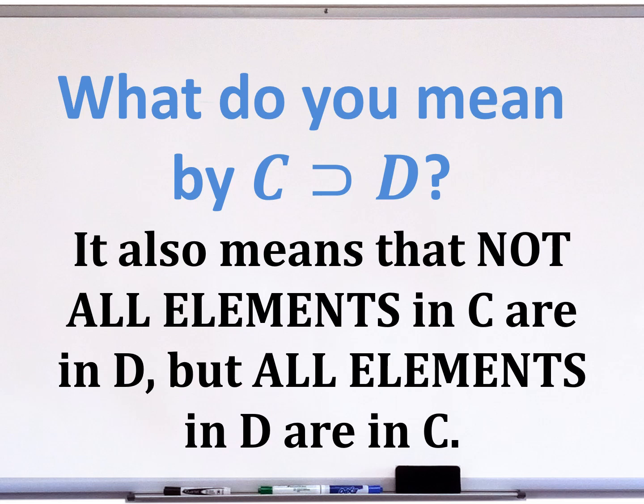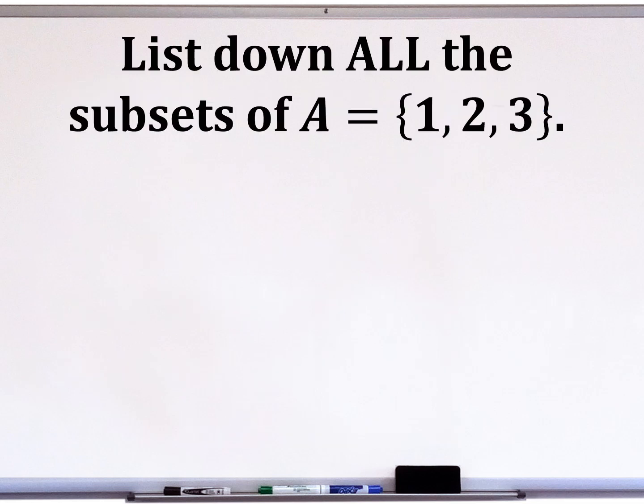So, that is for... Okay, so what if you're given this one? You are asked to list down all the given subsets of A. Let's say, for example, the given elements of set A is 1, 2, and 3. And as you can see, the given set is already in roster notation. So therefore, here are the possible subsets.